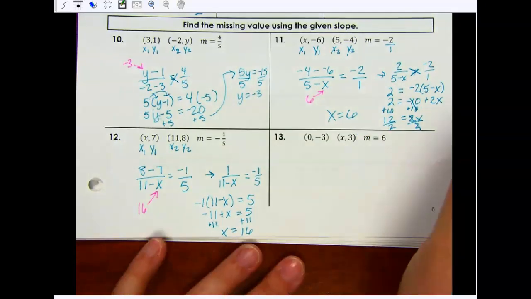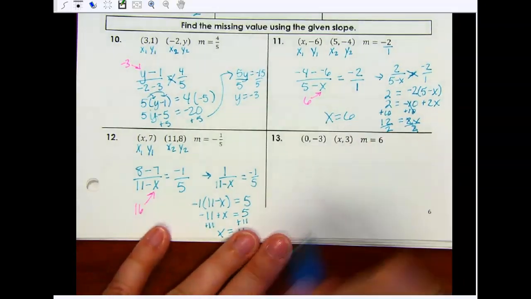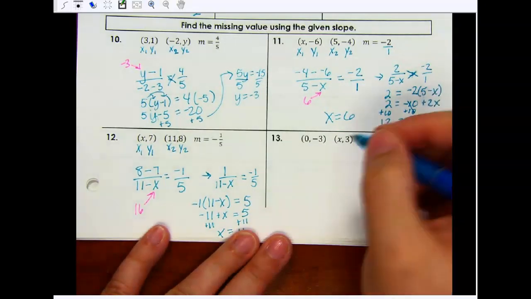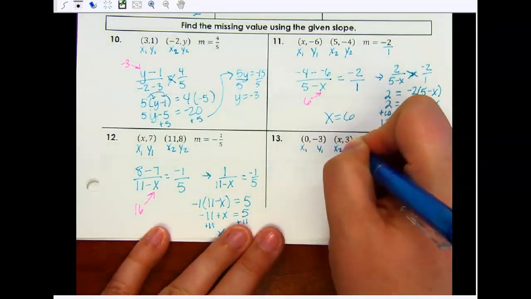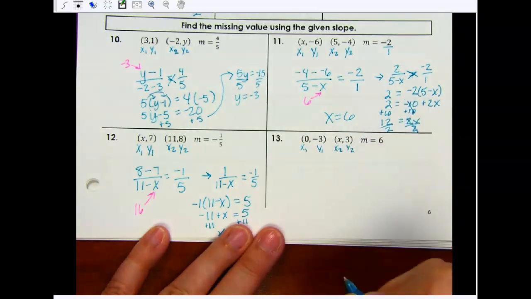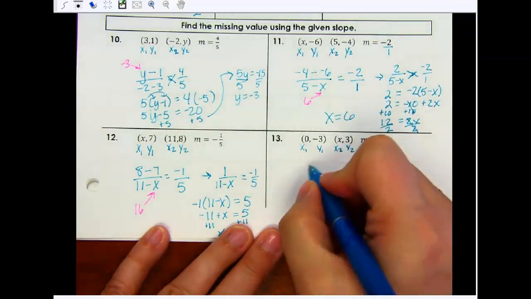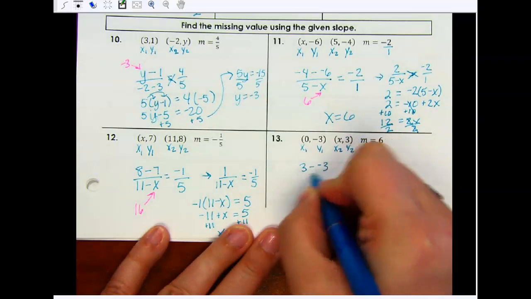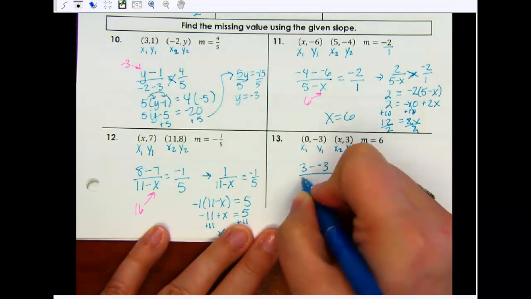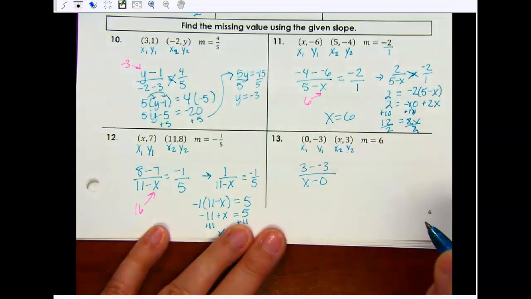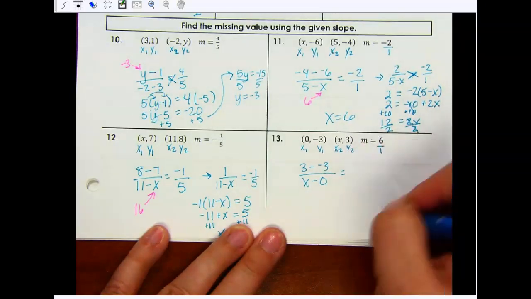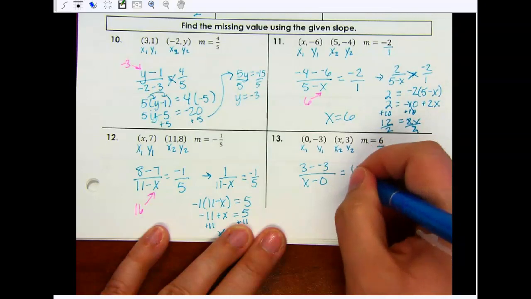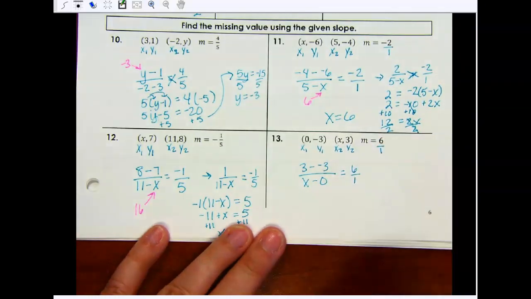All right, the last one has a 0, so I did want to make sure we did that one. So again, x1, y1, x2, y2. What's missing this time is the second x. So we're going to have 3 minus negative 3, and then on the bottom, x minus 0. Now that's interesting. And then remember, we've got to put this over a 1, because x minus 0 is just x.